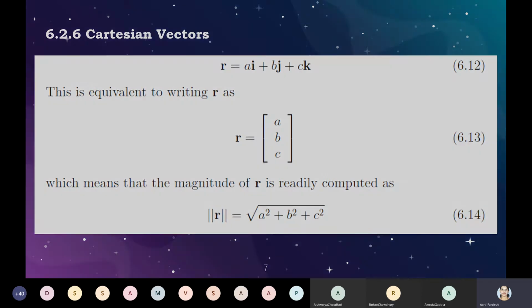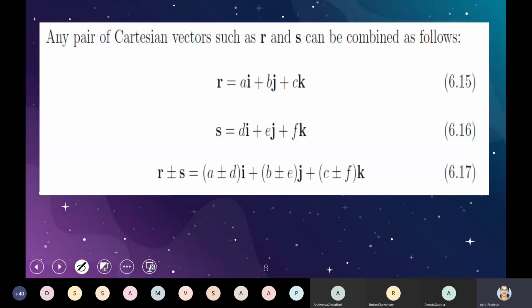Now we will see that just like your normal vectors where you can perform addition and subtraction, for Cartesian vectors also you can perform addition and subtraction. And how can you do it? Simply, if this is your R vector, Cartesian vector, how are you going to write it? Ai plus Bj plus Ck.